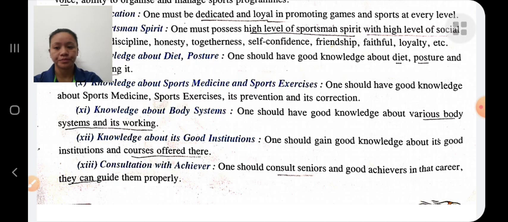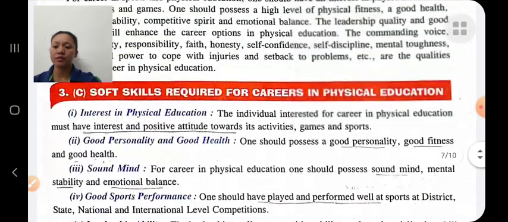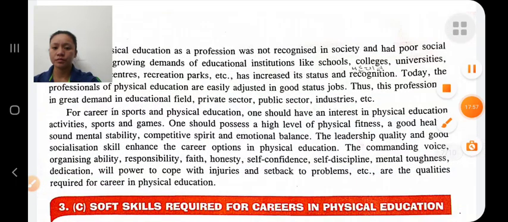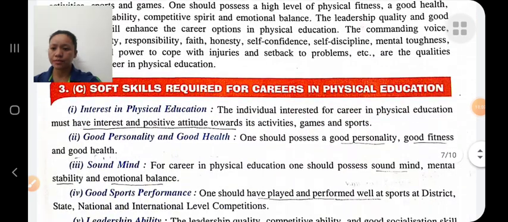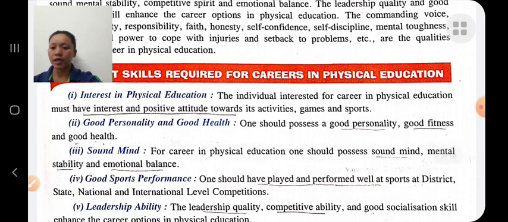These are the skills which are required for a career in physical education. First, you should have interest in physical education. You should have good personality, good physical fitness.